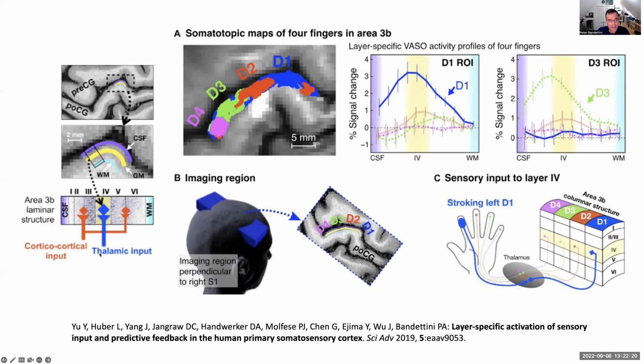The hypothesis here is that finger sensory input goes to the thalamus and terminates in layer 4. And what we found is that if we stimulated D1, it activated layer 4. If we stimulated D3, it activated layer 4 for D3 and localized right here. So that works as far as sensory input.